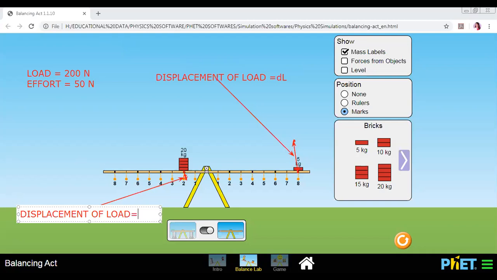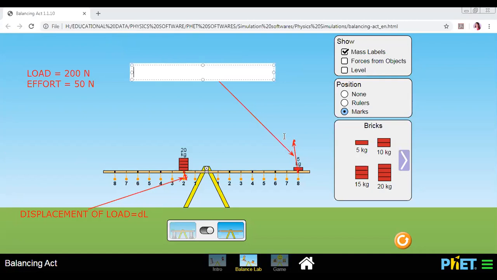This is the displacement of load, and that's my displacement of effort, which is capital D. Okay, so understand now displacement of load and displacement of effort. This will help us to understand velocity ratio in a bigger term.